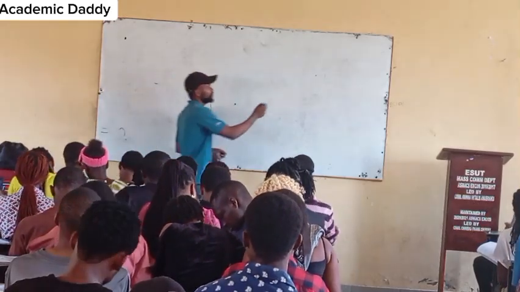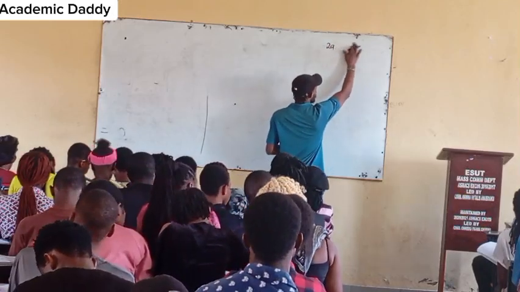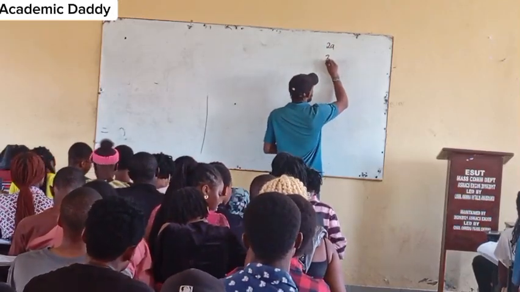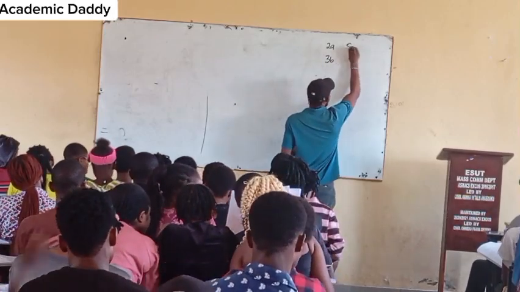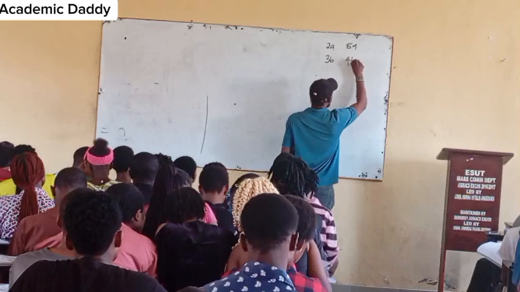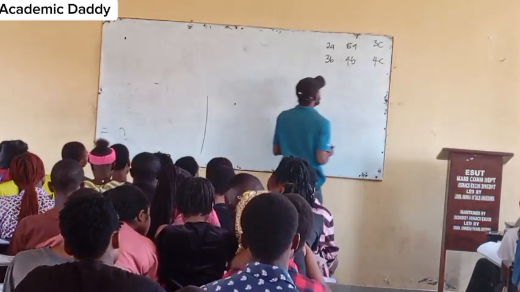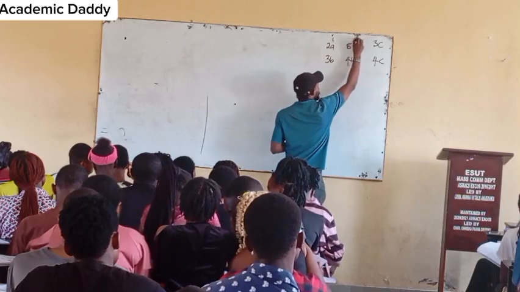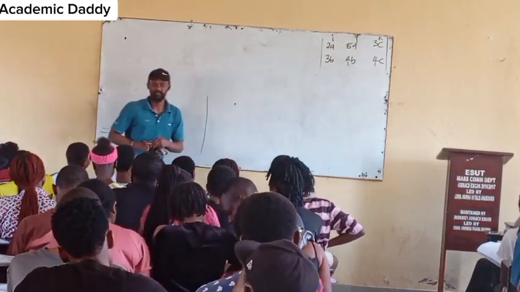So you do 2A, 3B, 2A. Now let's say 8A, 4B, 3C, 4C, under I, J, and K. You said something like this? Yes.